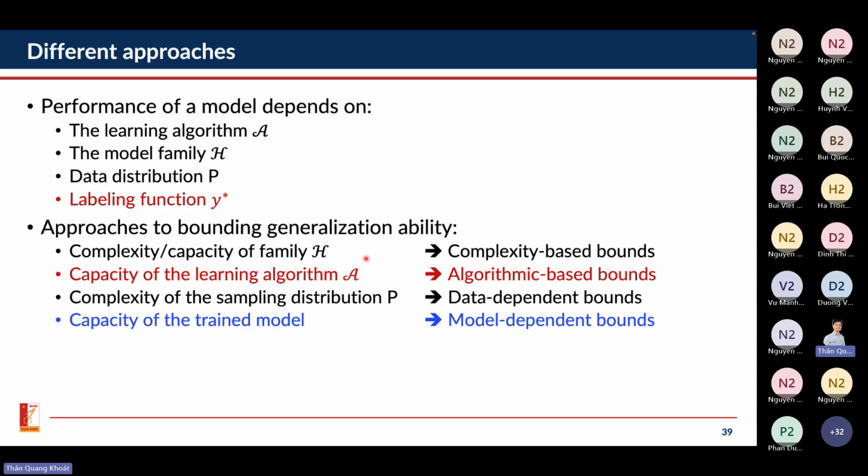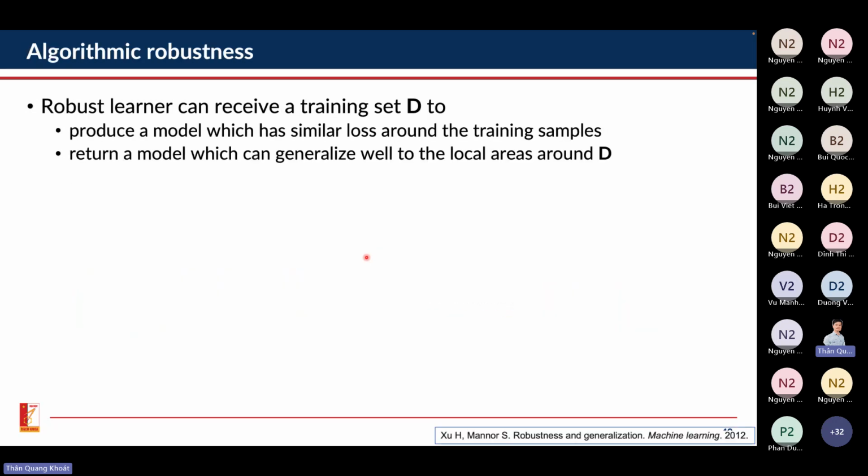Okay, it is easy to analyze. For example, one approach is to focus on robustness. They are trying to analyze the robustness of a learning algorithm. And the idea is there's some connection between the robustness of a learner and the generalization of a trained model.